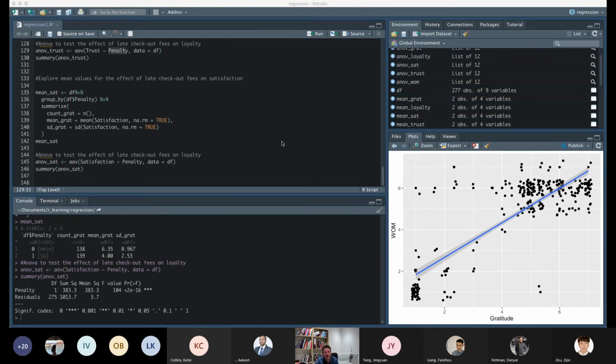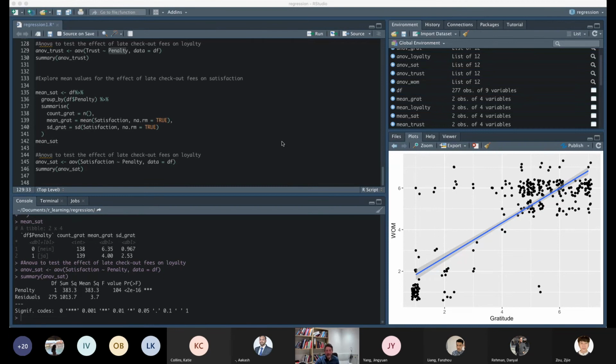When you have an independent variable which is categorical, like groups, like in our case we have two groups of customers, then you tend to do t-tests or ANOVAs. T-tests and ANOVAs mean your independent variable is categorical, your dependent variable is continuous. So that's why I did it step by step.